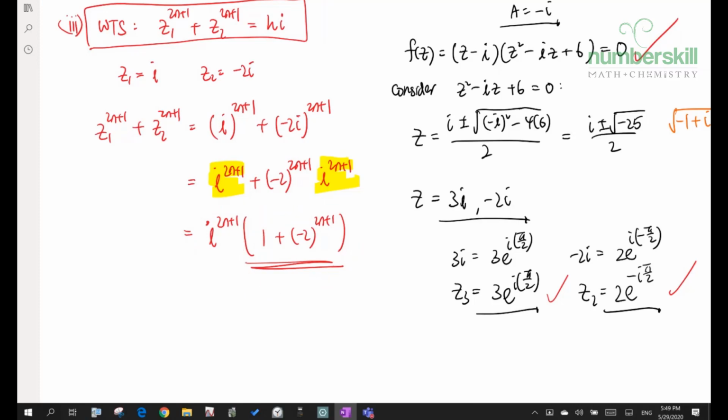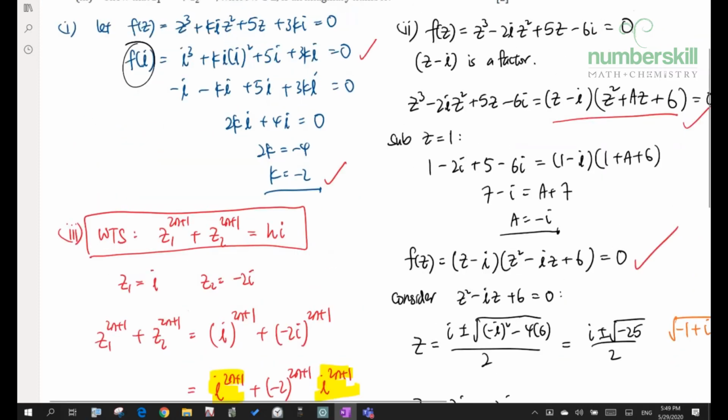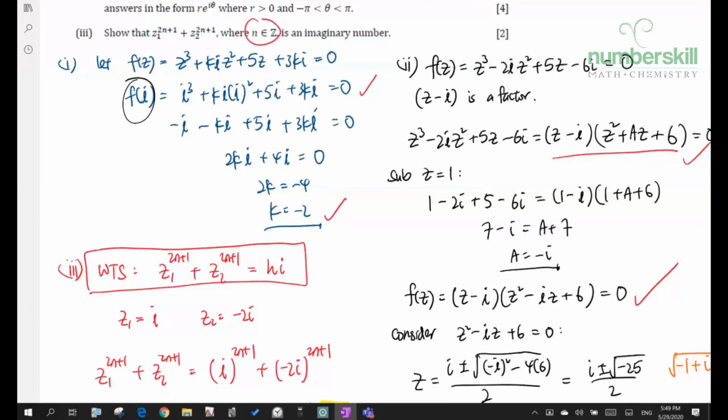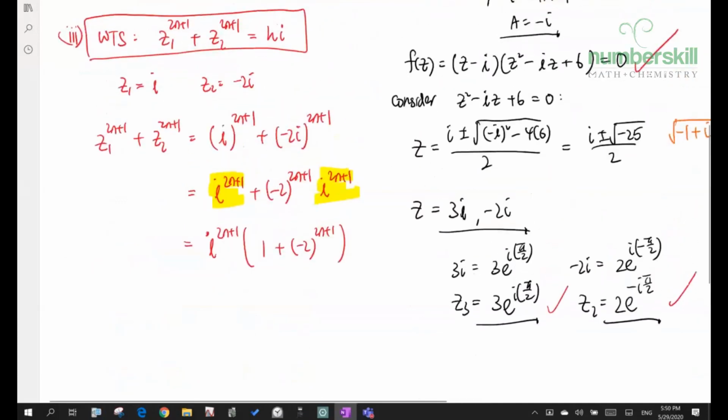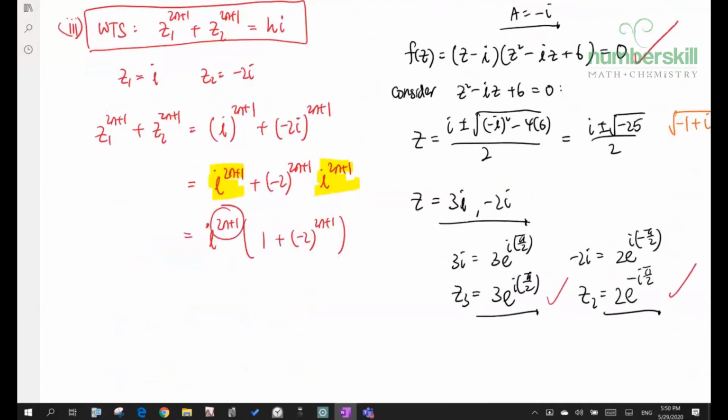All right, so how do we convince? You got to be convincing. First of all, what did they say about n? This is important. N is not a real number. N is an integer, which means if n is an integer, then 2n plus 1 is an odd number. And that's important, because when you have I squared, it's suddenly no I already. The I disappears because I squared is minus 1.